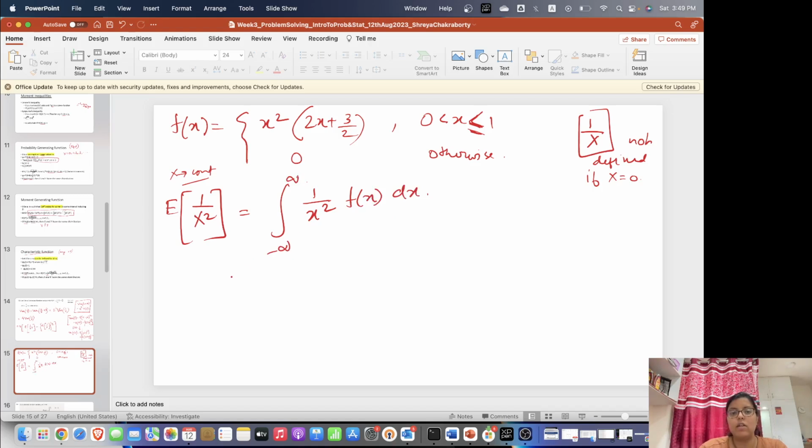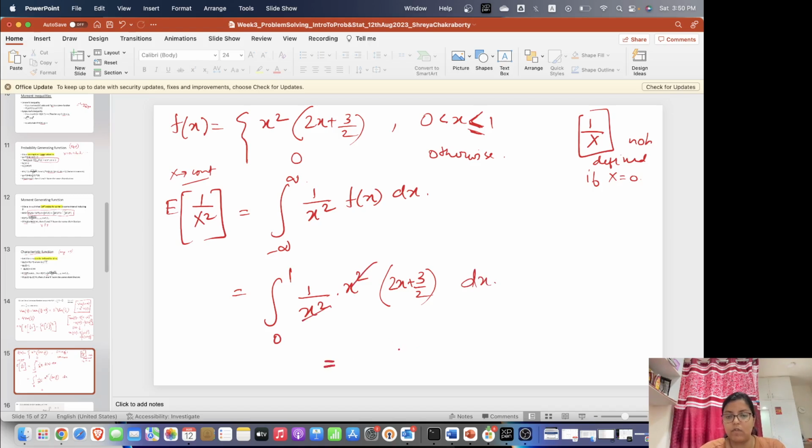Everywhere else f(x) is 0, and only from 0 to 1 f(x) is defined. So we can write this as 0 to 1, 1 by x square into (2x square plus 3) by 2, dx. The x square will cancel out.